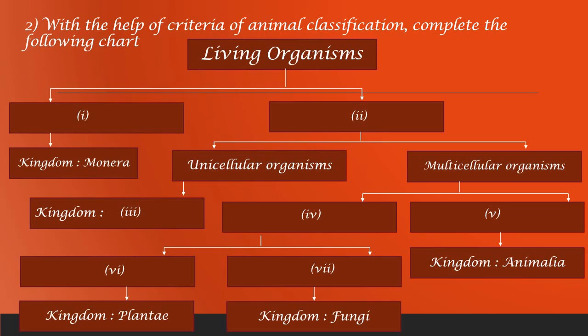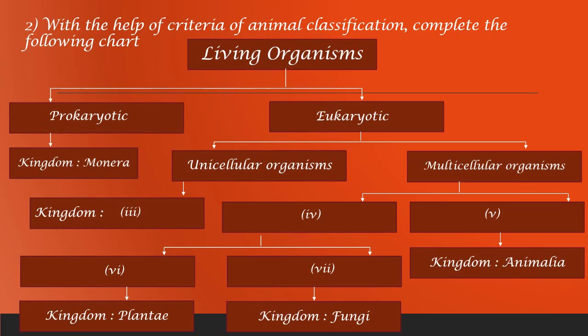Students, with the help of the criteria of classification, complete the following chart. Here we are supposed to classify the living organisms. Living organisms are further classified as prokaryotic and eukaryotic. Prokaryotic belongs to kingdom Monera, and eukaryotic organisms are further classified as unicellular organisms and multicellular organisms.